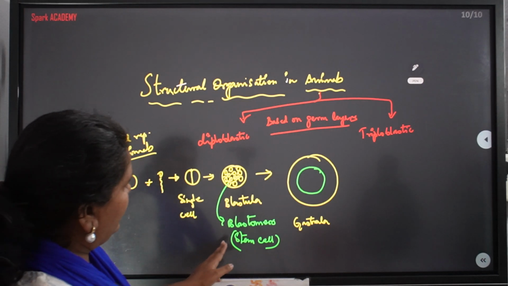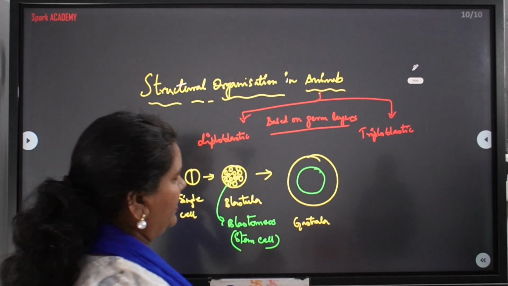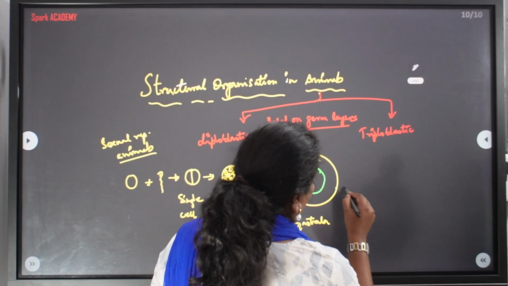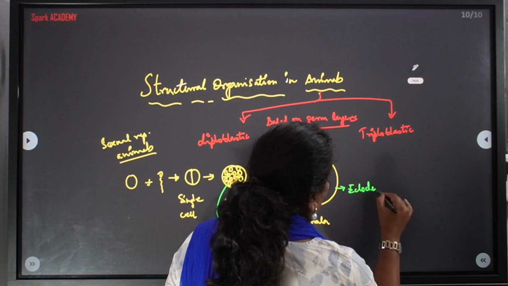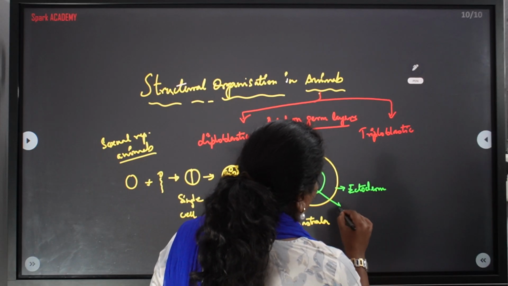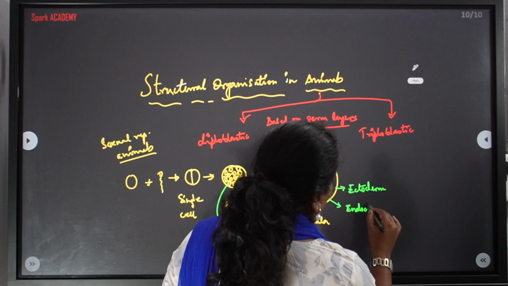So these blastomeres form two germ layers. What are we calling these layers? The outer layer becomes ectoderm and the inner layer is called endoderm.